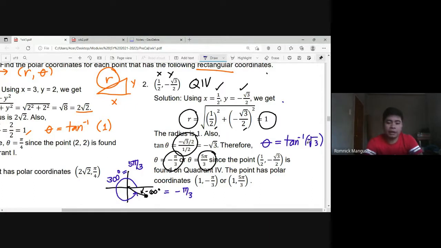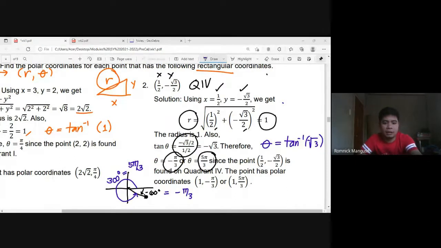Itong dalawang ito na angles of 5 pi over 3 and okay. That's it.